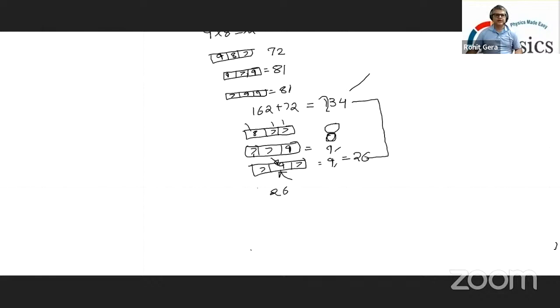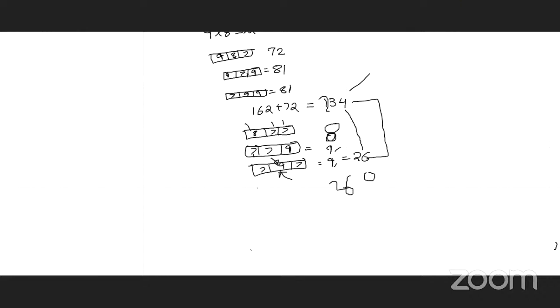4 and 6, 10. This 262 keeps coming from these two. If you add these two, you get 262. Okay, wait a minute. 234 plus 26 is 260.